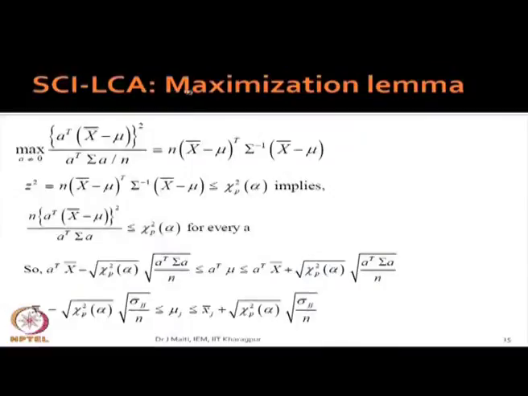So, z square follows this quantity. Now, all of you know what the distribution of this is. What is the distribution of this? Chi-square distribution. So, in the next class we will discuss this and continue.